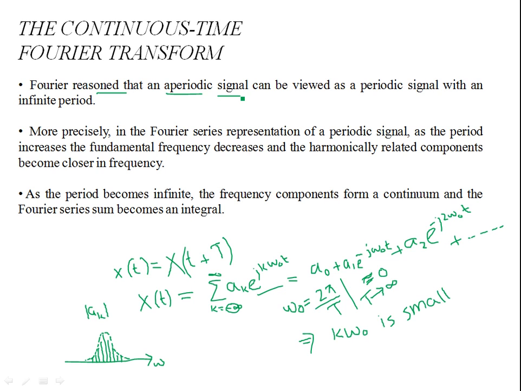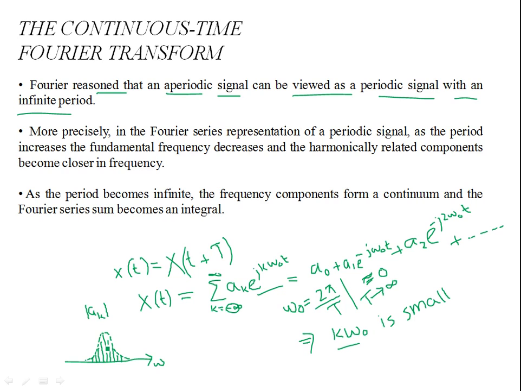Is there a way to represent them? Fourier reasoned that an aperiodic signal can be viewed as a periodic signal with an infinite period. If T is infinity, then the fundamental frequency is small, which means k omega naught is small, which implies that the Fourier coefficients are becoming a continuum.